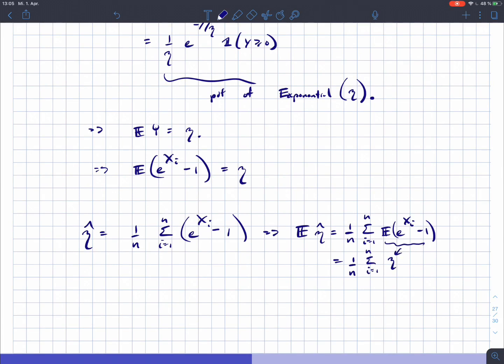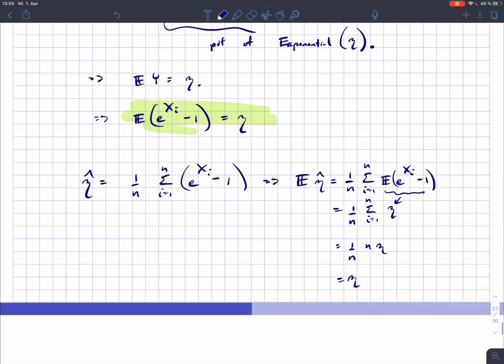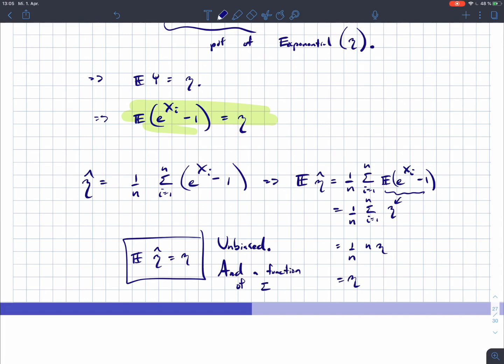Each of these is just eta, because of the work we did. And so I get 1 over n times n eta, so I get eta. So the expected value of eta hat is eta. So we have an estimator which is unbiased and a function of our sufficient statistic. So it is the minimum variance unbiased estimator, because it's unbiased and it's a function of a sufficient statistic.